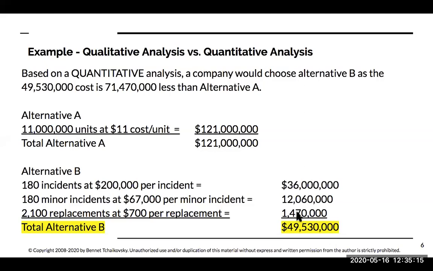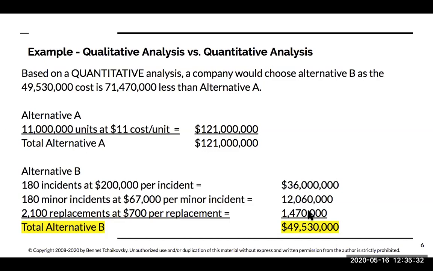So quantitatively, we would choose alternative B because it is better than alternative A, since I'm spending less money. I'm letting the numbers alone drive my decision.